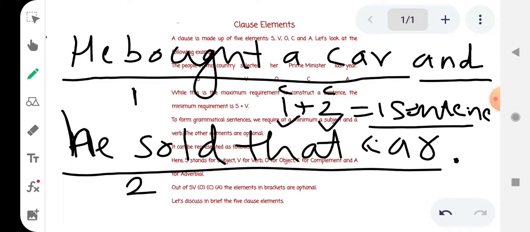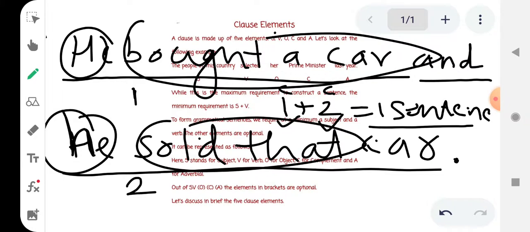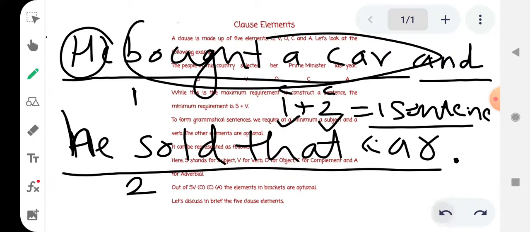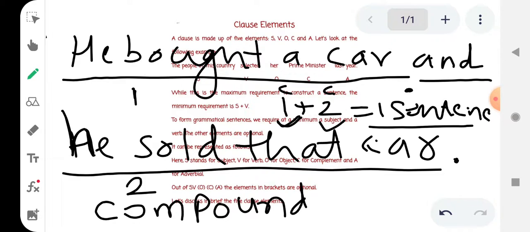Two different clauses means there are two different structures of subject plus predicate, subject plus predicate, and these structures are different clauses, but we have formed one sentence out of this, and such a sentence that combines two clauses is called a compound sentence. Okay.